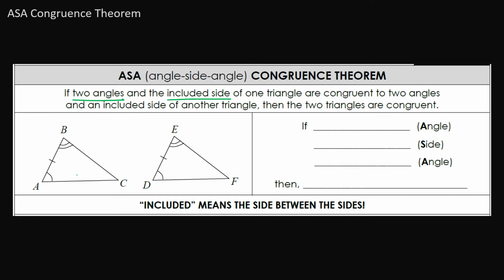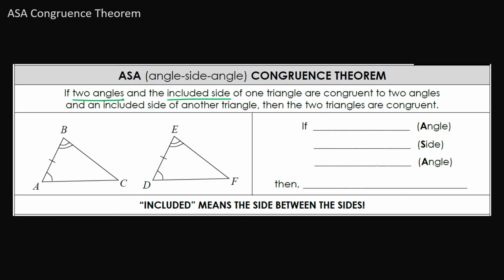The reason we can use this, for lack of a better word, shortcut, is that by making the two adjacent angles and the included side congruent, we can't change anything about the third angle or the other sides. That means there's exactly one set of sides and angles for this triangle for them to be congruent to each other.